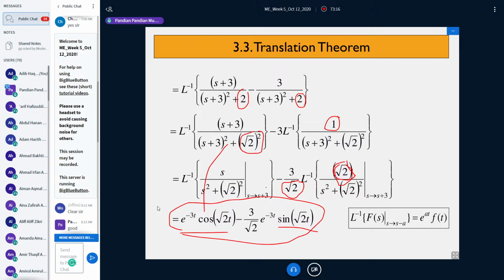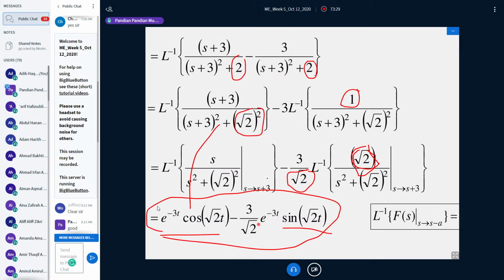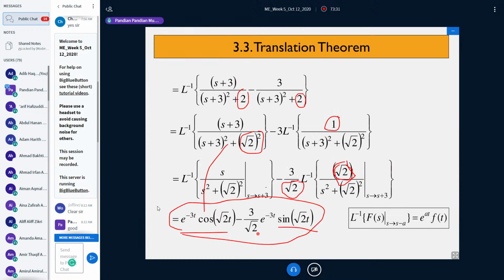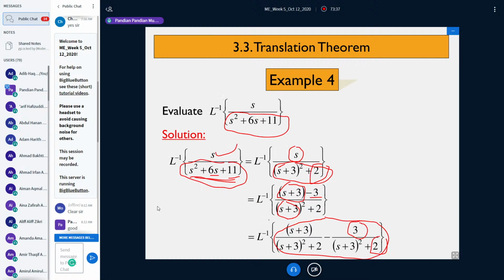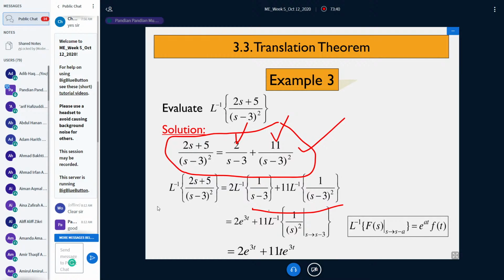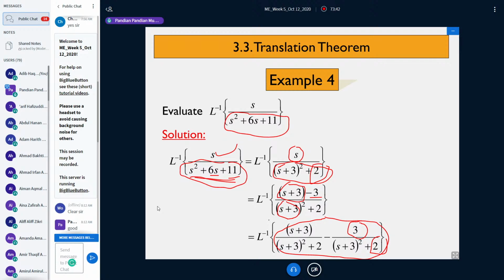Any question, class? Any question here? One student sent me a message asking how do you get this factorization. Yeah, this one.